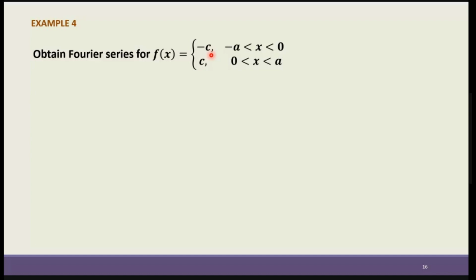ठीक है? Since f of x is minus c, what will be f of minus x then? अगर x है तो हमें x को माइनस x पुट करना है, यहाँ पे x है ही नहीं, तो क्या होगा? कौन सा फंक्शन आएगा? सेम फंक्शन रहेगा, है ना, कांस्टेंट फंक्शन. मींस if f of x is minus c, then f of minus x is also minus c only.